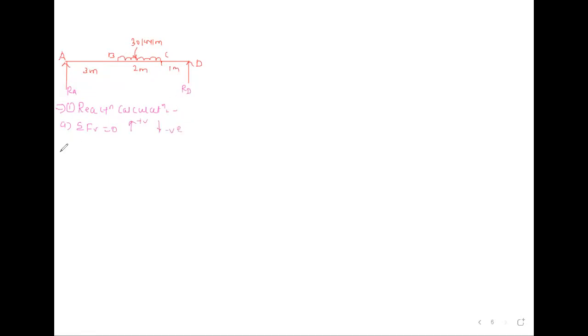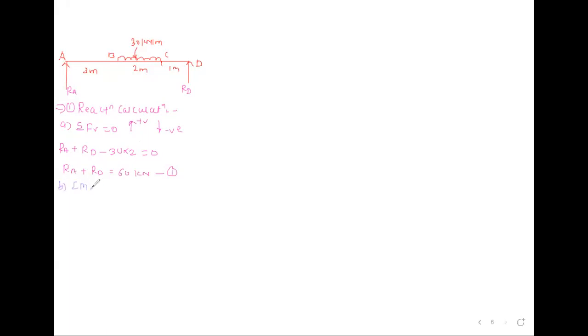So according to this, RA and RD going upward. So RA plus RD. This 30 going downward, so minus 30 into 2, which is equal to 0. So RA plus RD, which is equal to 60 kilonewton, equation 1.